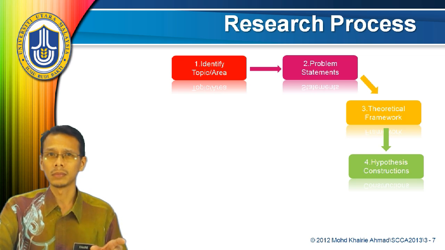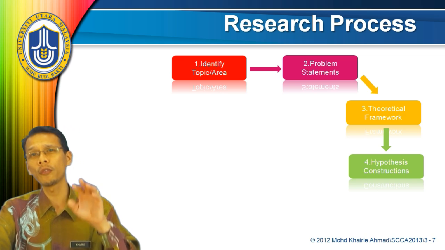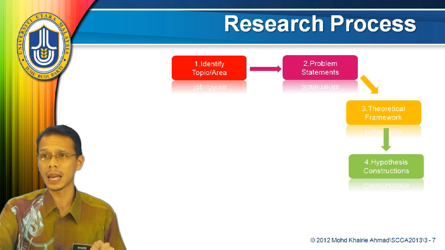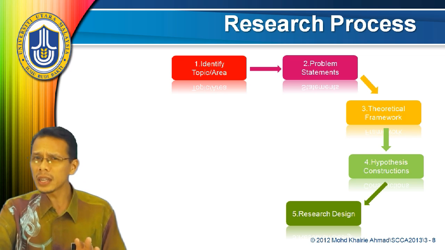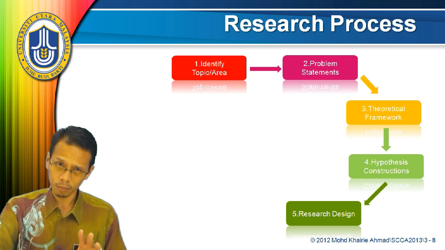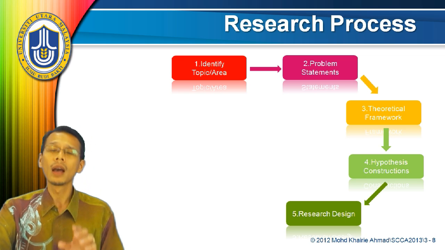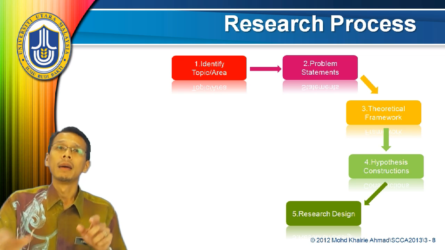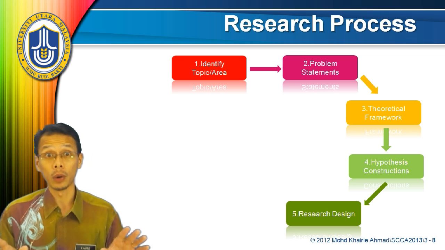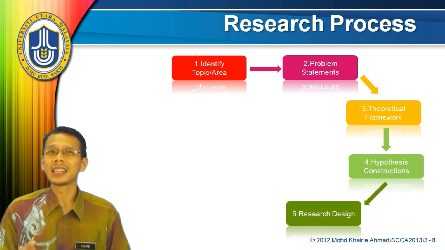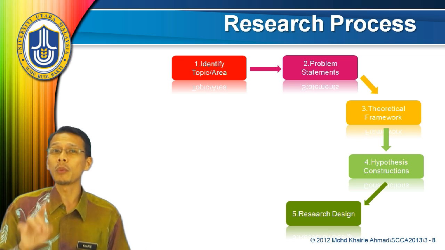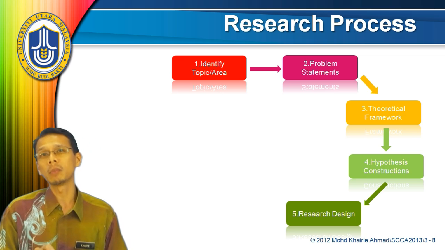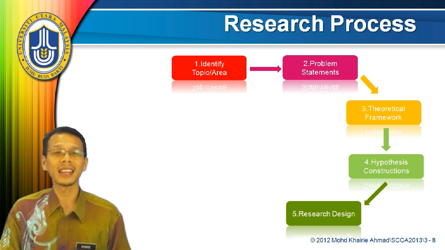Well, now let's move to the fifth step of this research process. The fifth step will be about research design. Maybe you're not very familiar with what research design is, but basically this is what we're going to focus on starting from topic number 8, number 9, and later on.